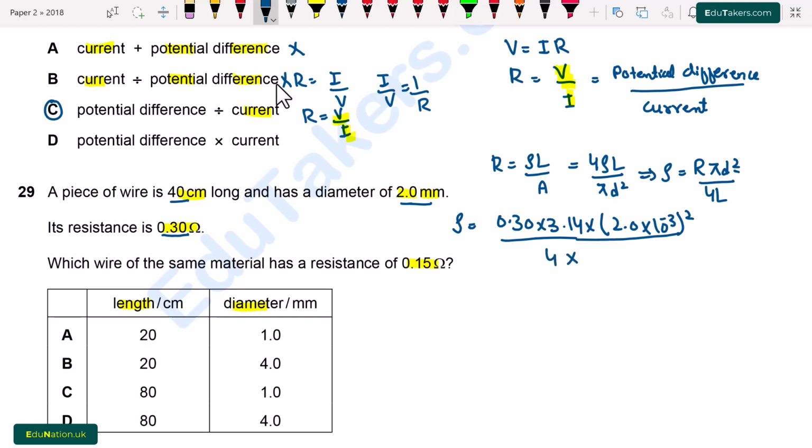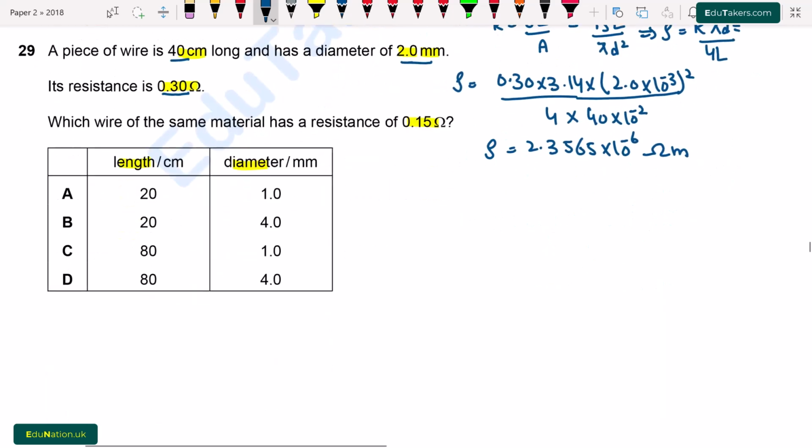Length is 40 centimeter. So I write here 40 into 10 power minus 2 because I have to convert the length into meter. So resistivity will be equal to 2.3565 into 10 power minus 6, and the unit of resistivity is ohm meter.